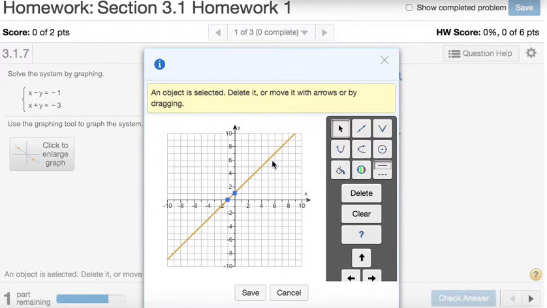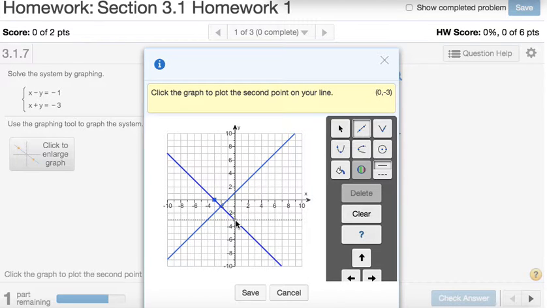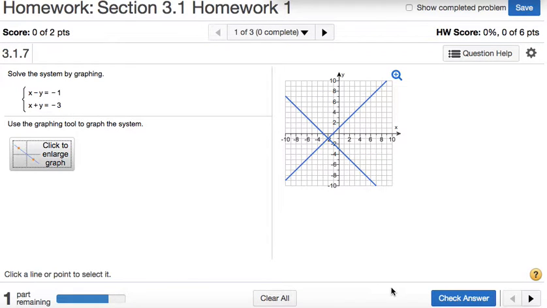Then, once I have the first line graphed, I need to click on the line tool again to draw the second line. That's going to be at x equals -3 and y equals -3. Once I have the graph drawn, I click on Save, and then I need to check my answer.